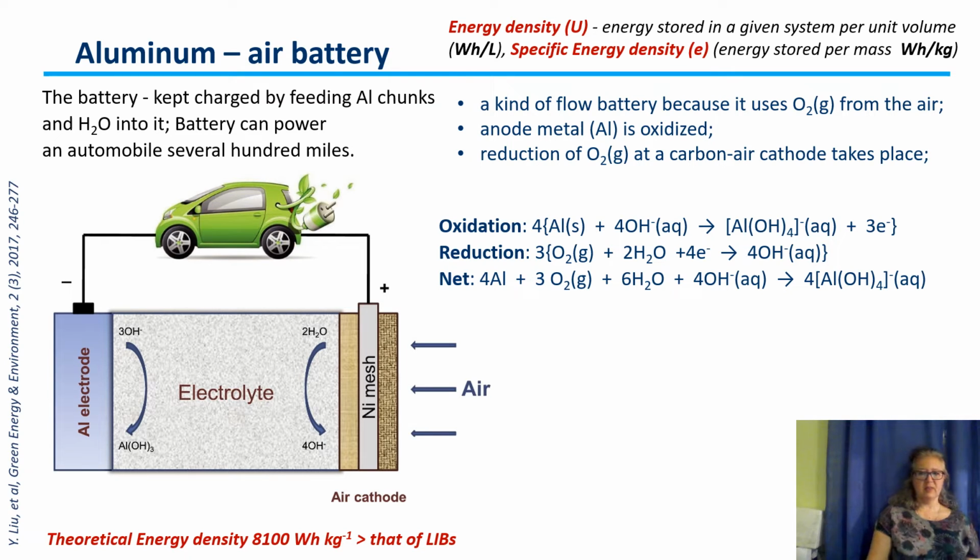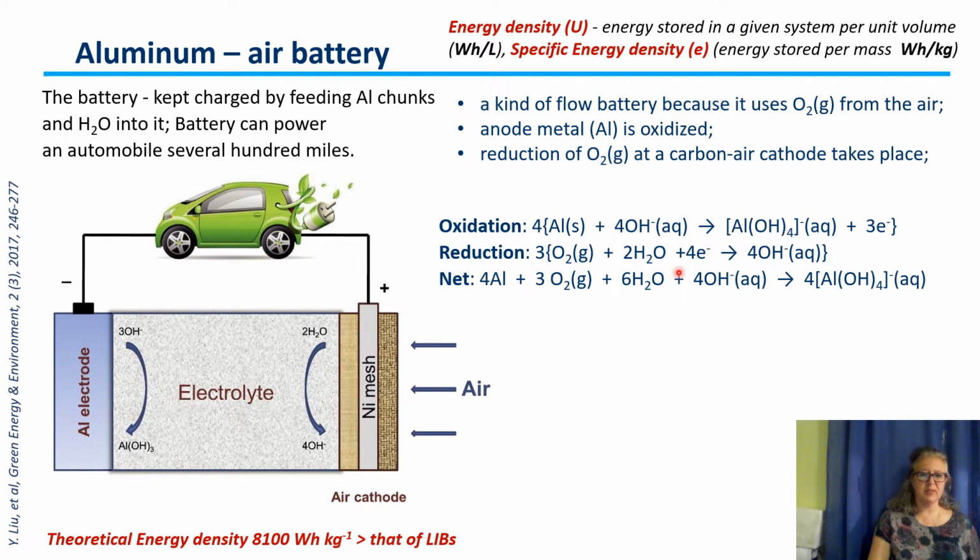The material that is oxidized is typically metal. It can be zinc, aluminum. In the aluminum air battery, oxidation occurs at an aluminum anode and reduction at a carbon air cathode. The sodium hydroxide plays the role of electrolyte circulated through the battery.